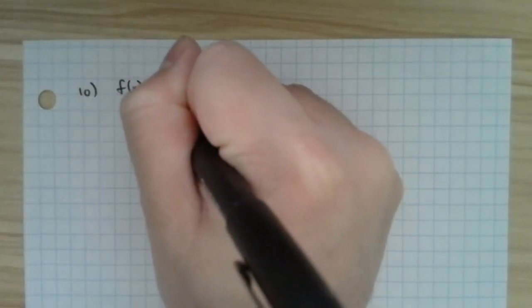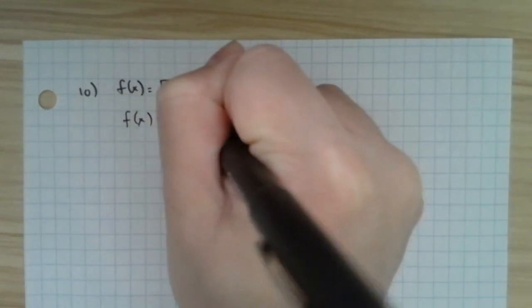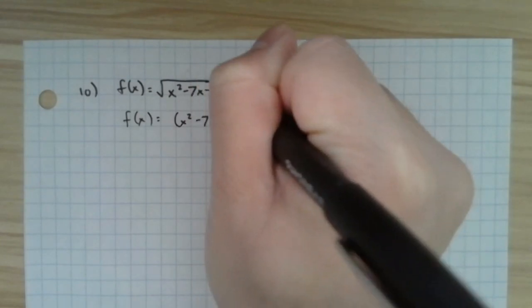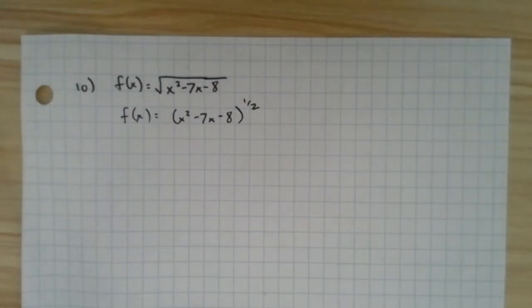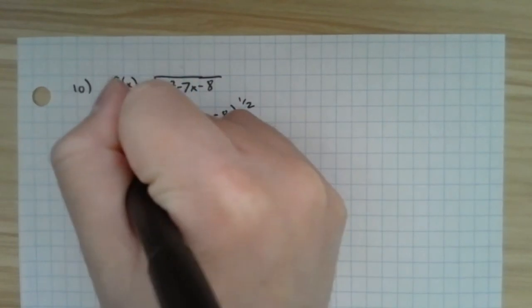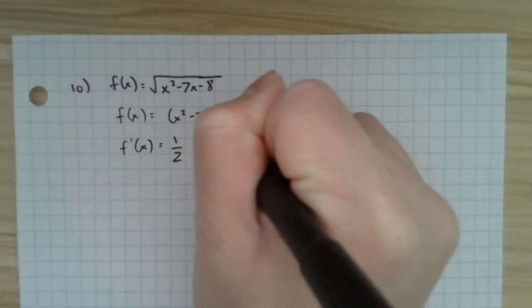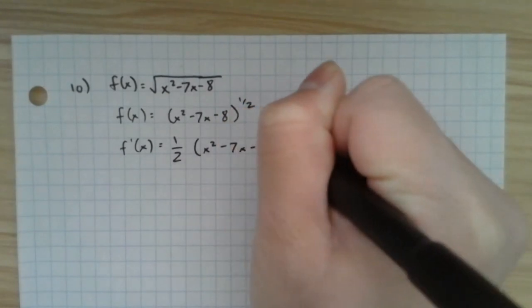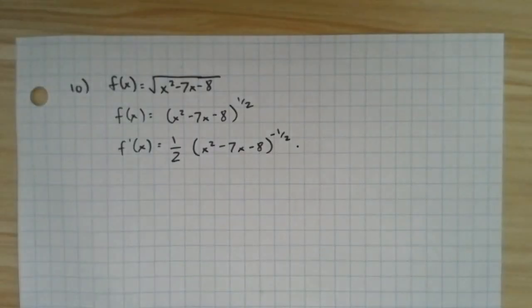Again, for me, it helps to just write all this out in rational exponent form and then convert back later. So that'll be all that, the quadratic polynomial to the 1/2. So multiply the exponent to the front, so f prime of x would be 1/2 all of this, subtract 1 from the exponent, so negative 1/2, times the derivative of the inside.